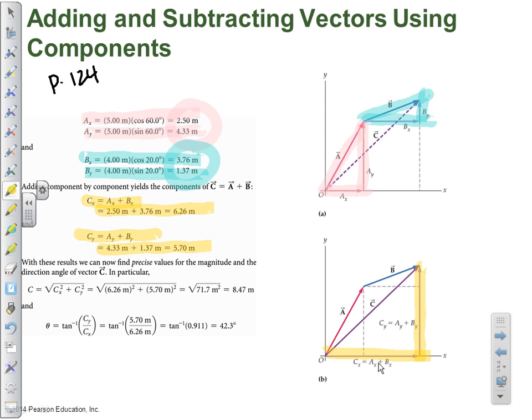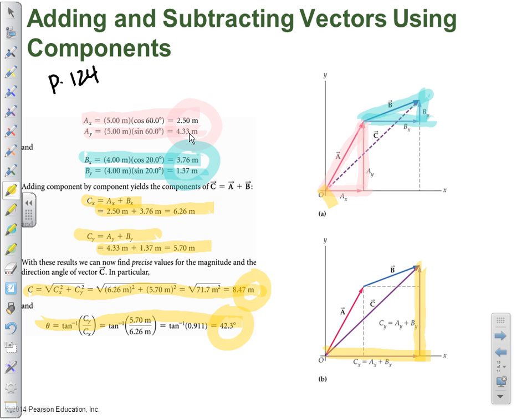Now that you've got the two sides of a big right triangle where C, the purple one, is the hypotenuse, you can use Pythagorean theorem to find the length of that side, and you can use your tangent function to find the angle. Okay? Good there?